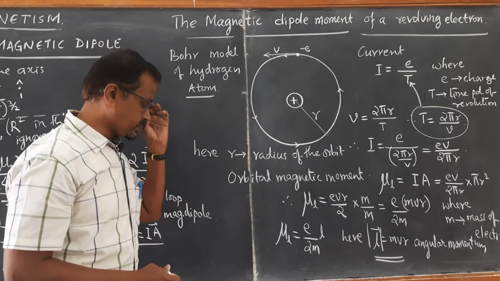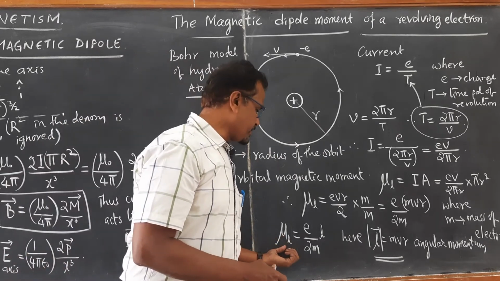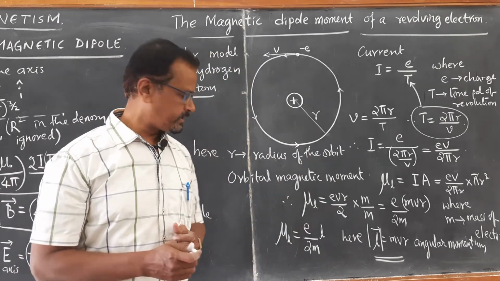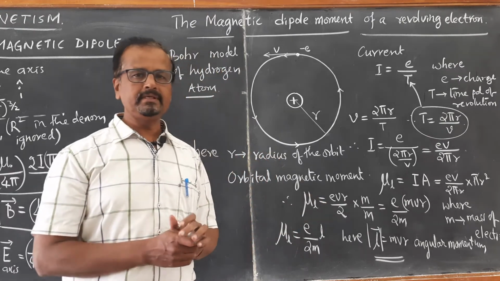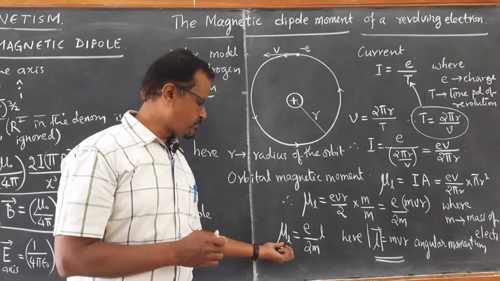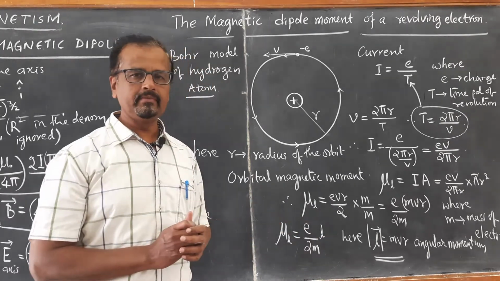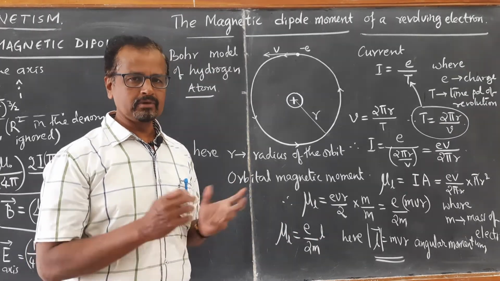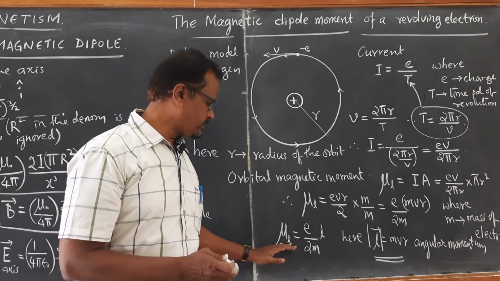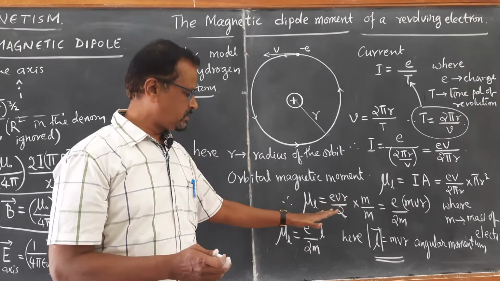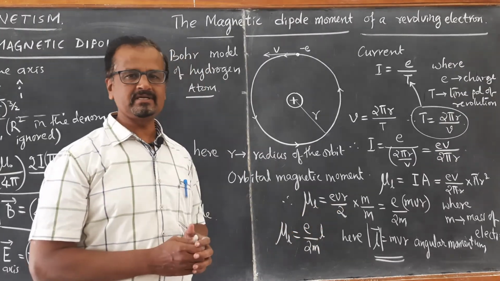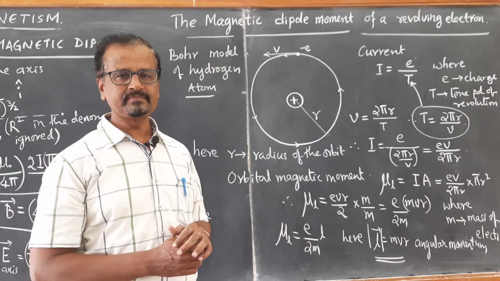Now it's very interesting. Since magnetic moment is a vector quantity and angular momentum is also a vector quantity, the question arises: is this magnetic moment of the revolving electron in the same direction as the angular momentum?